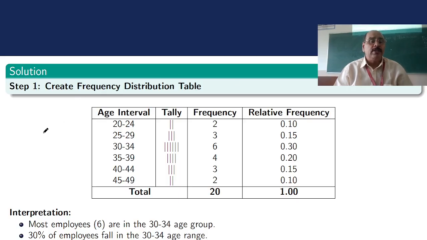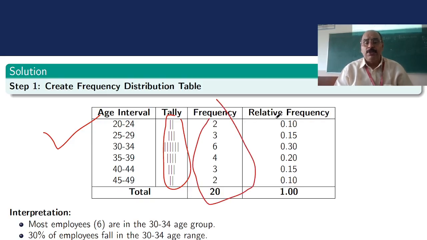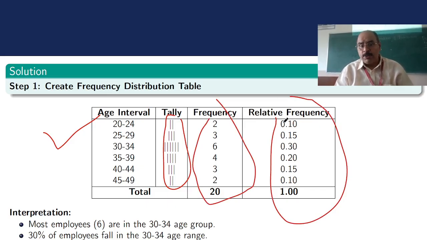This is the way the frequency distribution table is created. Okay, frequency, relative frequency. Even if you are not able to work with relative frequency, it is okay. You don't need to do it. Frequency and this is enough.